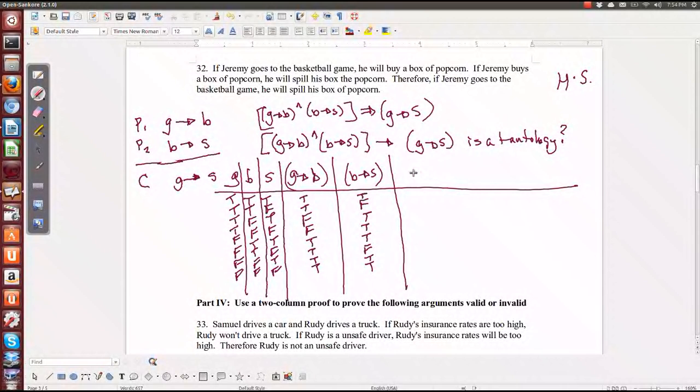And I need to do G conditional S, and that's going to be false on the second row and the fourth row.